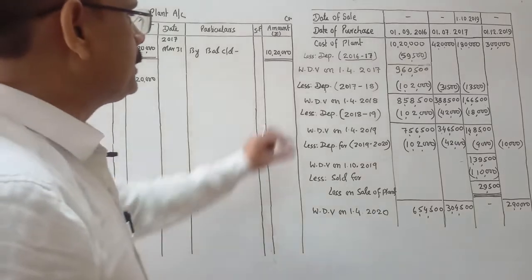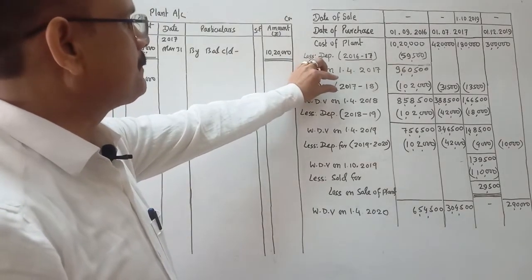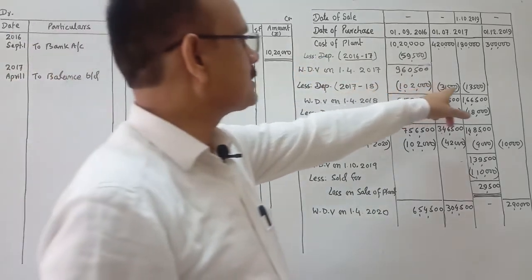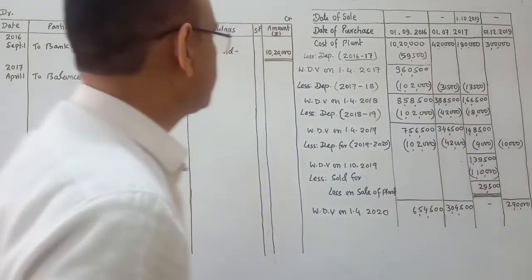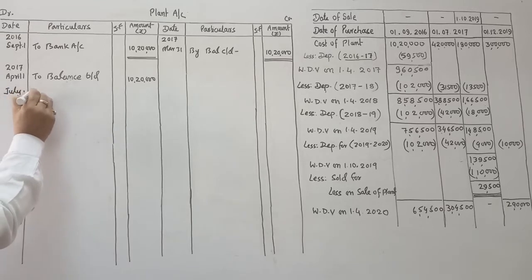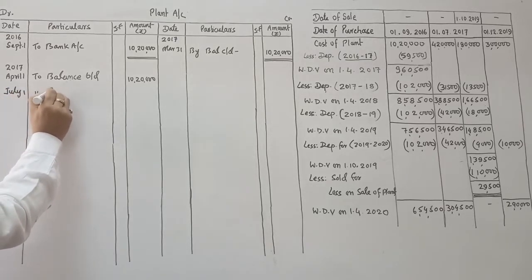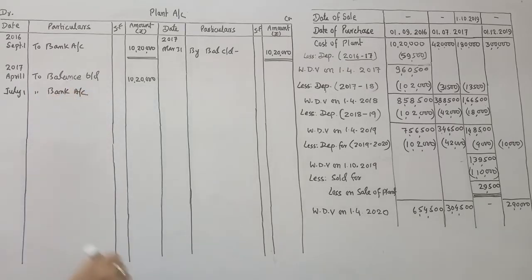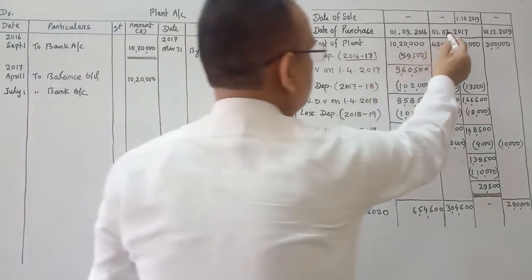Now we have entered into this financial year. In this financial year 2017-18, one more machine was purchased on 1st July 2017. July 1st, to bank account we have purchased another machine on this date.